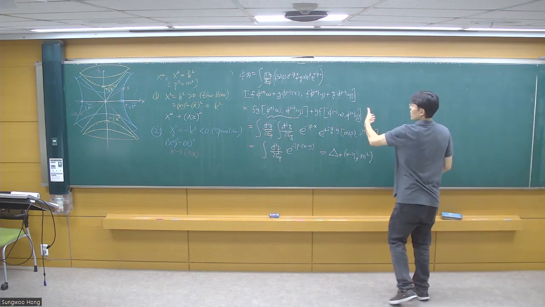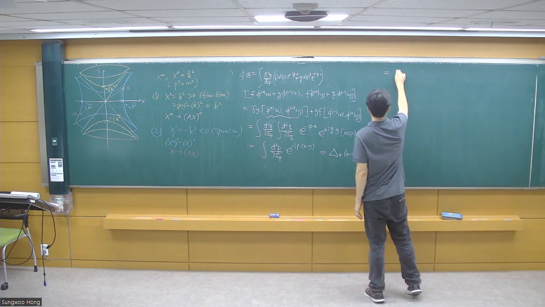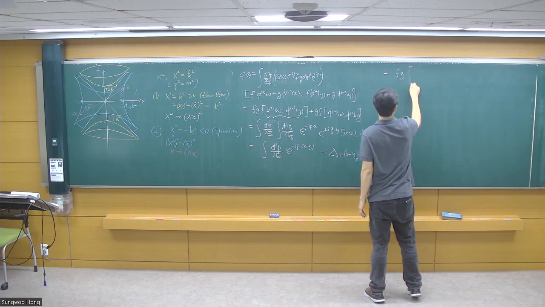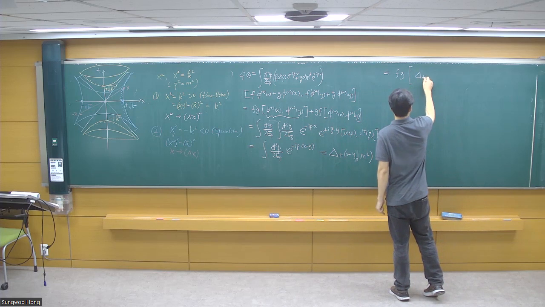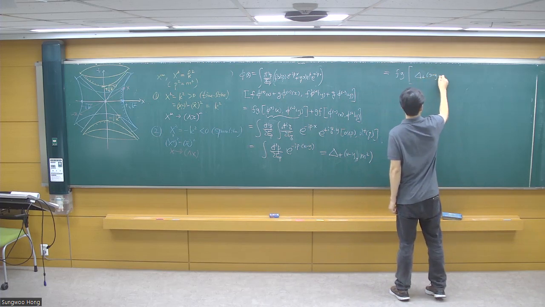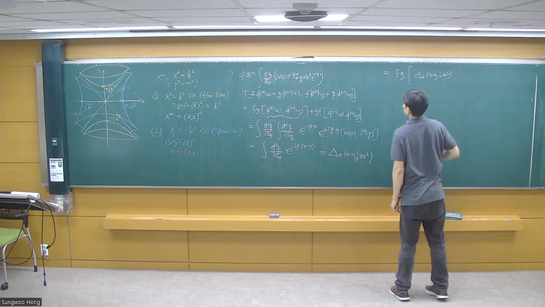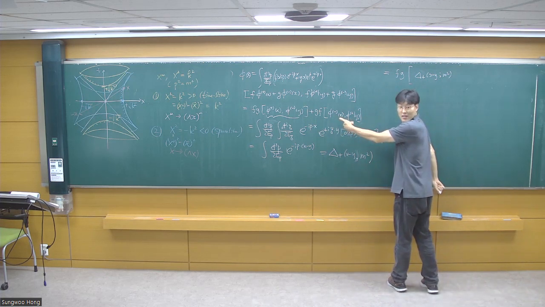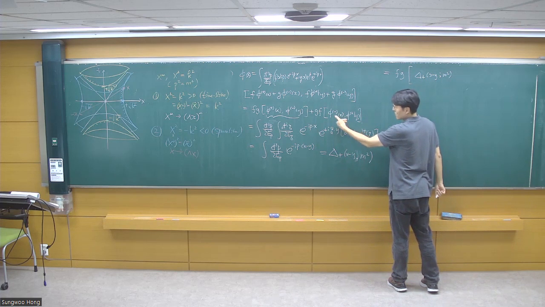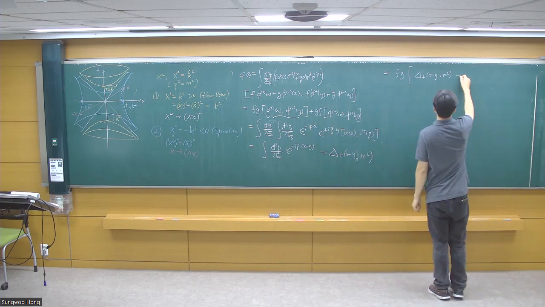Therefore, we have the following equations: fg delta plus of x minus y of m squared. And this is minus the other way around. This is just minus that thing, but that was the definition of that thing.